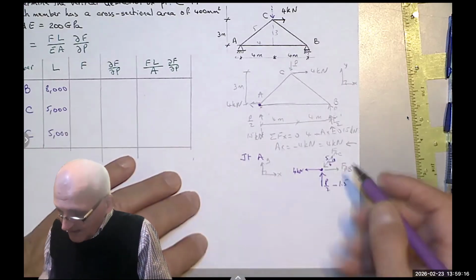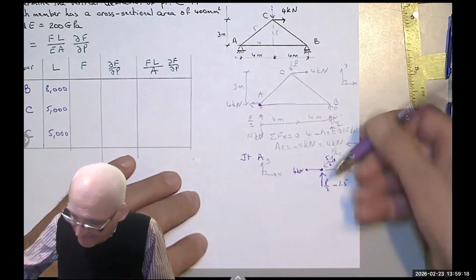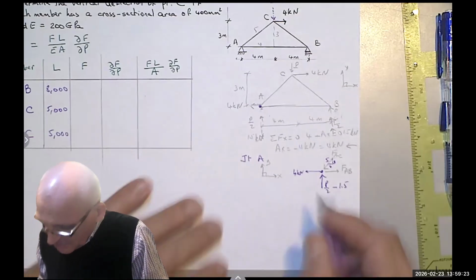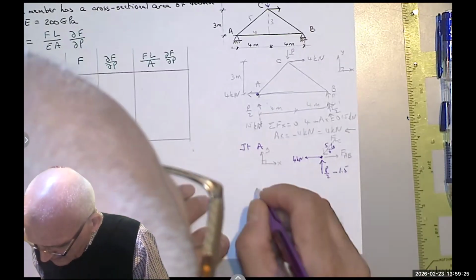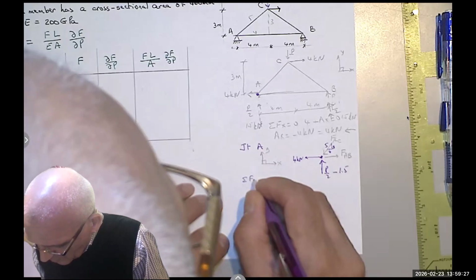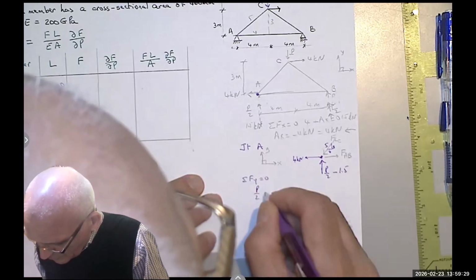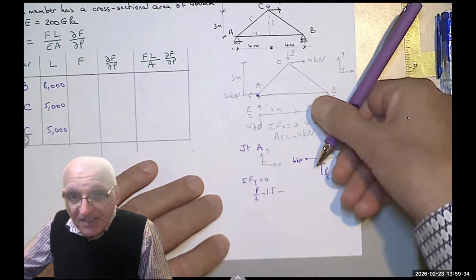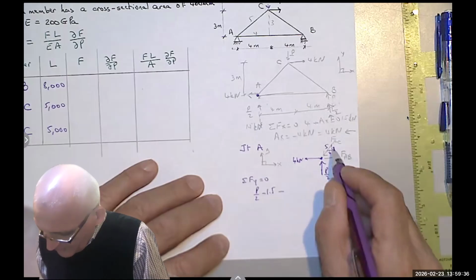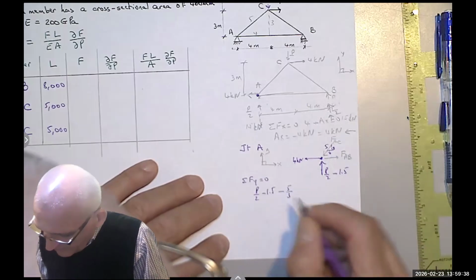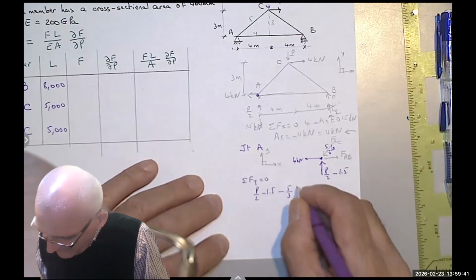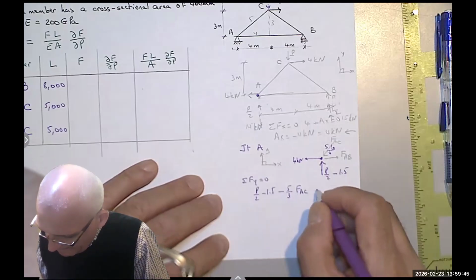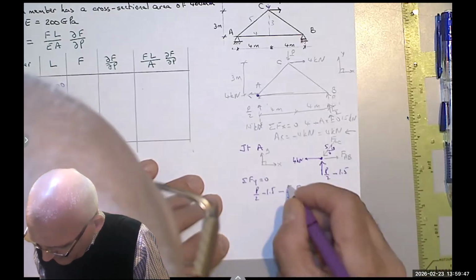Otherwise, again, the slope here is 4, 3, 5. So we can write it as summation of the forces in the Y equals 0. I have P over 2 minus 1.5, minus, because it's pointing down, 3/5 FAC.